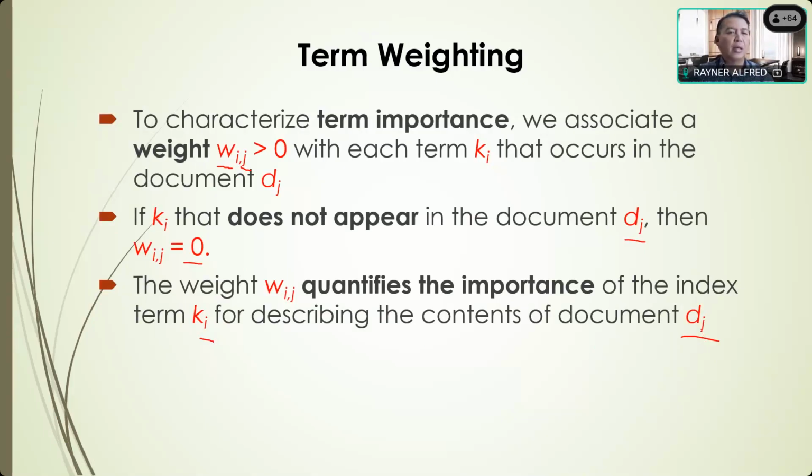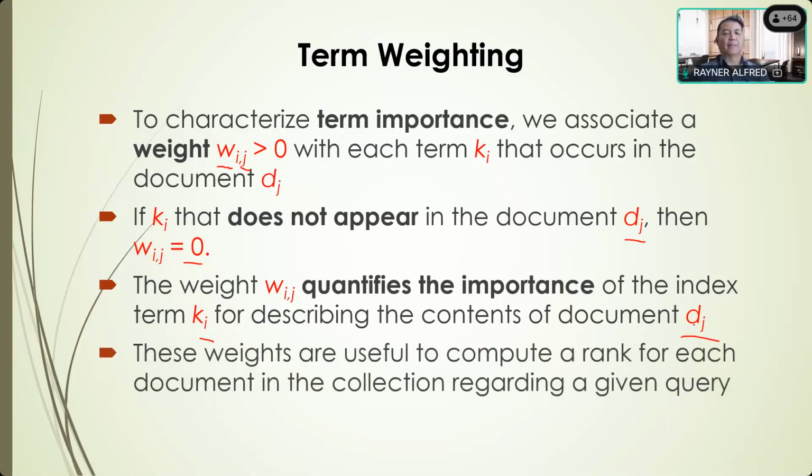Okay, so we will use the term frequency, how many times they occur in the document. We will use this term frequency to compute the ranking of the document, and now we can do partial matching.